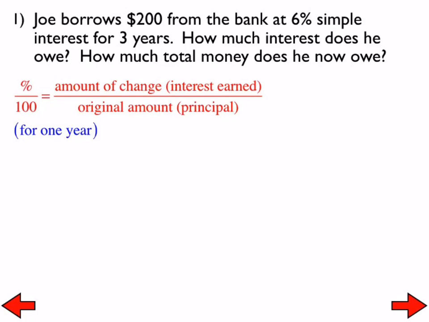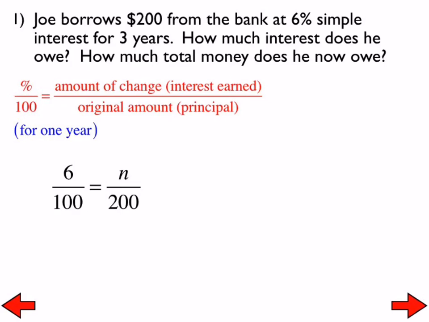Now, when we do this, we're doing this to find the amount of interest earned for 1 year. That's why in blue it says for 1 year. So the percent that we know within this problem is 6. We're trying to find the amount of change, or the amount of interest that he earned. And $200 is the amount of money that he put in the bank account, or the principal, or the original amount. Okay?